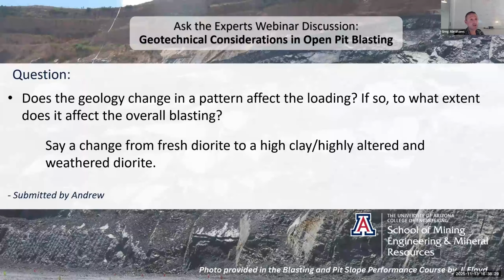With more drill rigs reporting that data in real time, you can generate some heat maps pretty quickly to see where the good rock is and where the bad rock is. And if you have a scenario just like the one you mentioned here, that could get pinged pretty quickly if you're onto it, and then you could adjust your loading accordingly. So I think there's some interesting work in that space.